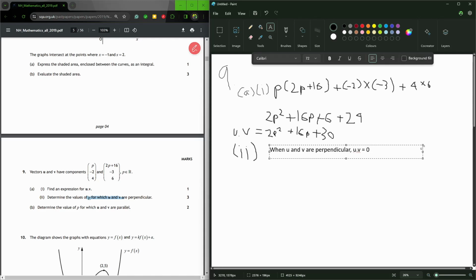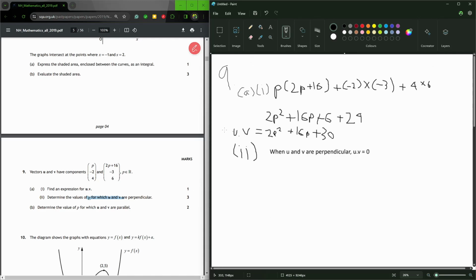This just tells the marker you have some idea of what you're doing. So we can just slot 0 right into this equation we've put up here. 0 equals 2p squared plus 16p plus 30. And then we just need to solve a quadratic.